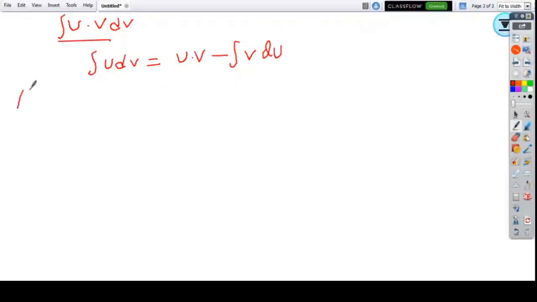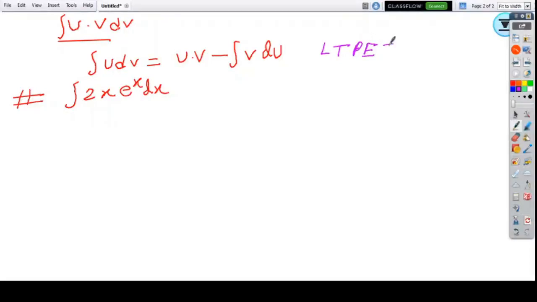So let me take one question. Suppose I wanted to integrate 2x e to the power x dx. My first thing, I need to find out the u. Getting u is easy here because I am going to use the LIPET rule.